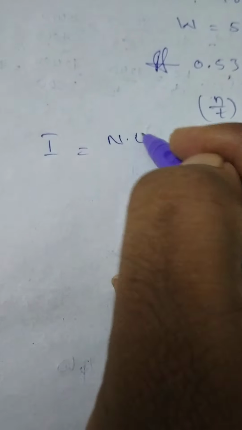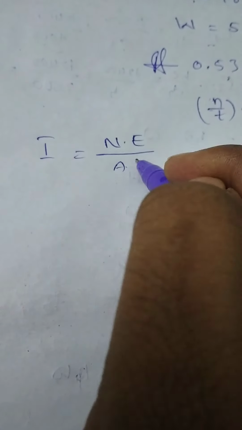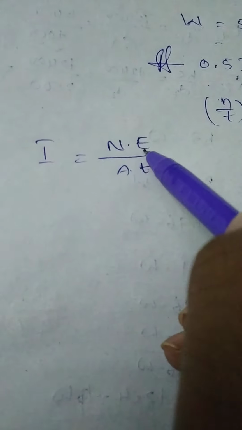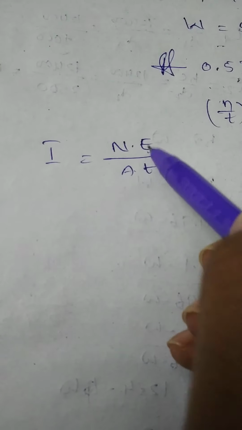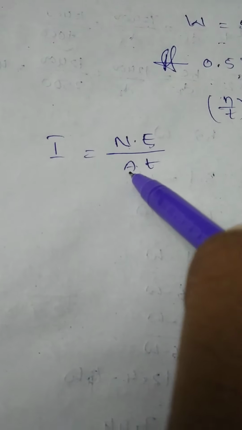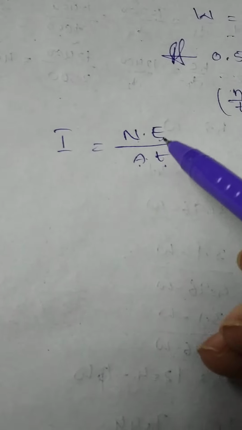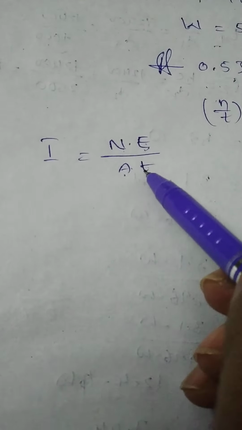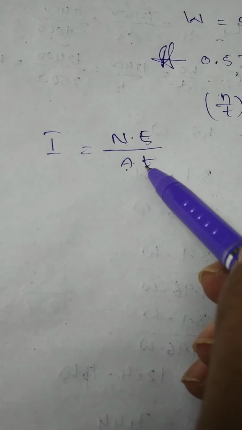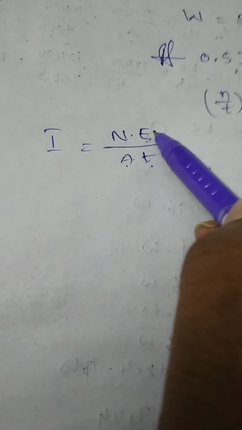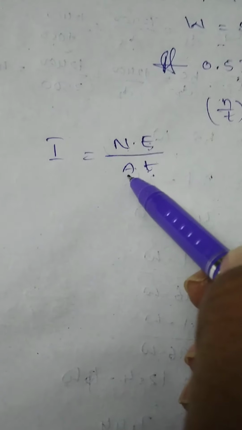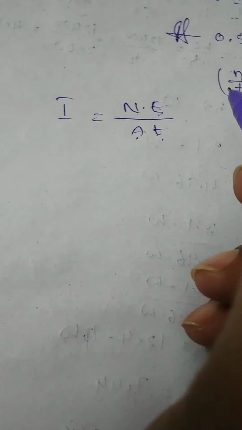Therefore, I is equal to N into E by A into t, where E is the energy of each photon and N is the number of photons incident on the surface having an area capital A in a time of t seconds. Also, energy by time is equal to power, watt per meter square. So this is the formula.